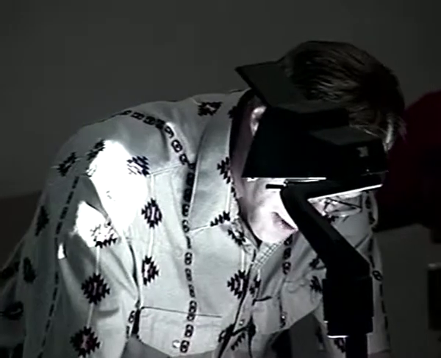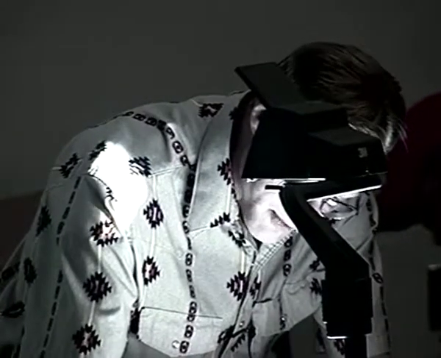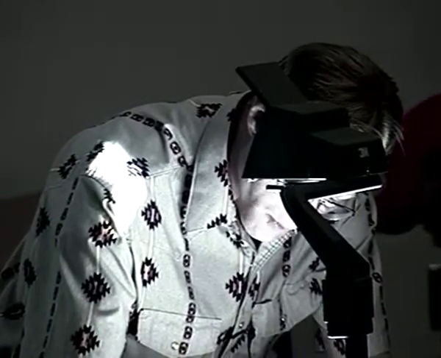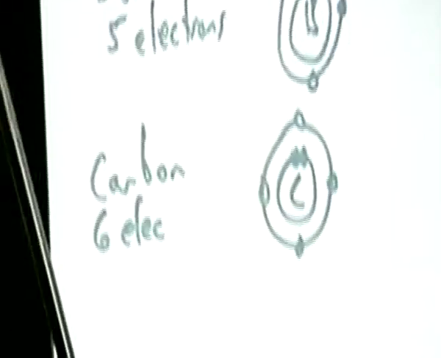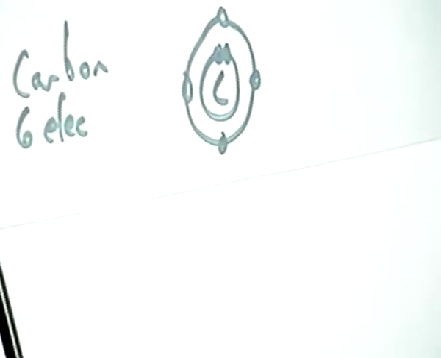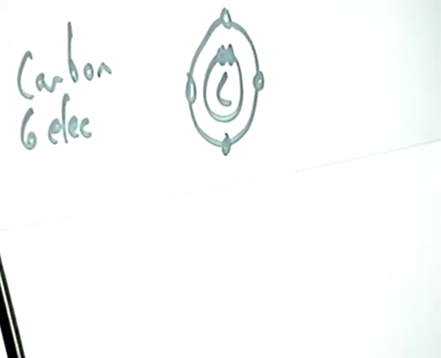Has 6 electrons. So we have the first 2, 3, 4, 5, 6. That's as far as we can go with unpaired electrons in that second shell. What we're going to have to do now is start pairing those up.